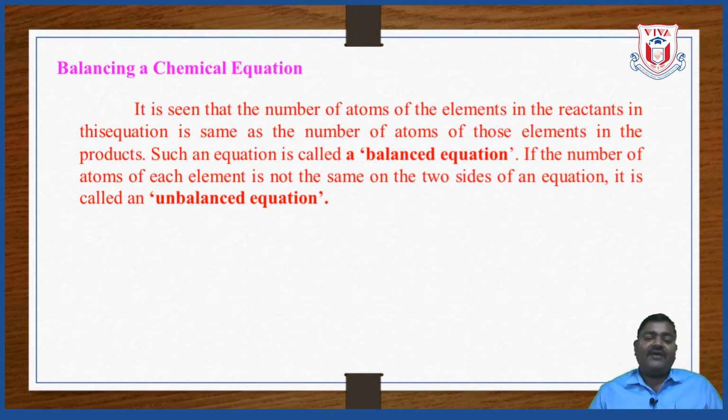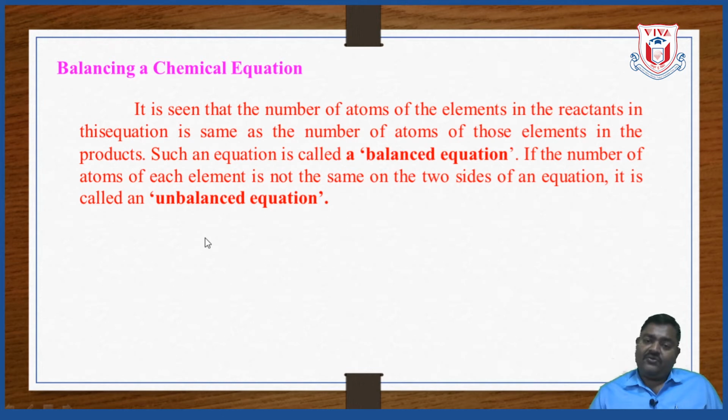If the number of atoms of the element in the reactant in the equation is the same as the number of atoms of those elements of the product, then that equation is called a balanced equation. If the number of atoms of each element is not the same on the two sides, both the sides, meaning in the product side as well as in the reactant side, then it is called an unbalanced equation.